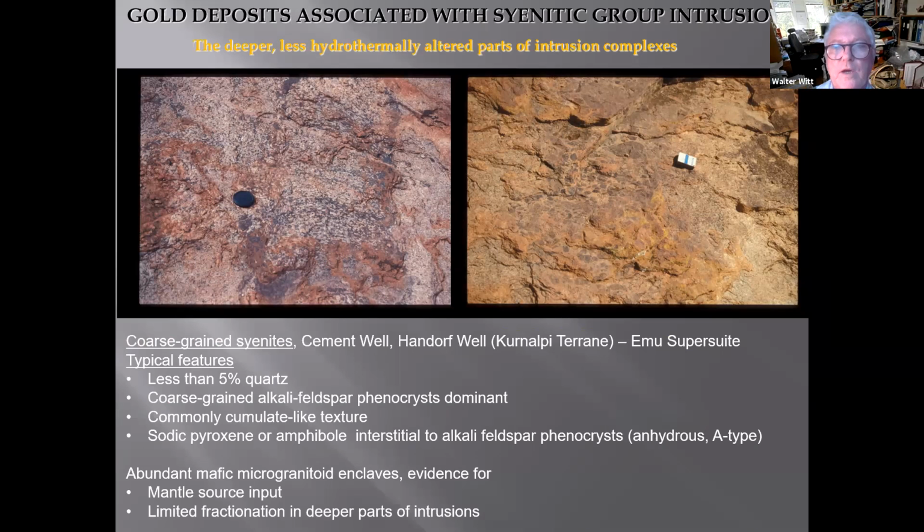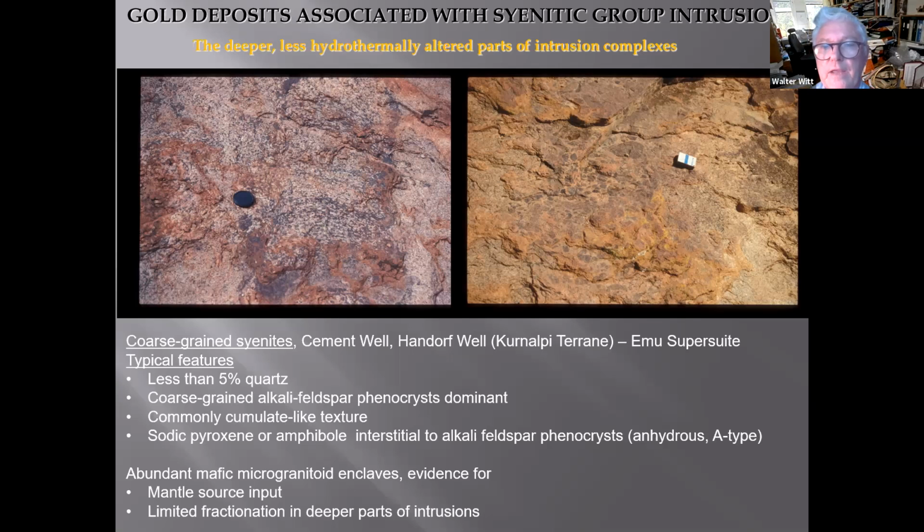These alkali feldspar phenocrysts are commonly closely packed, almost resembling a cumulate-like texture. And sodic pyroxene and amphibole, being hydrous, are interstitial to the alkali feldspar phenocrysts, indicating late crystallization, as you would expect from an anhydrous A-type granite.